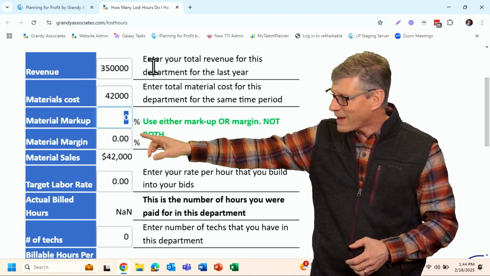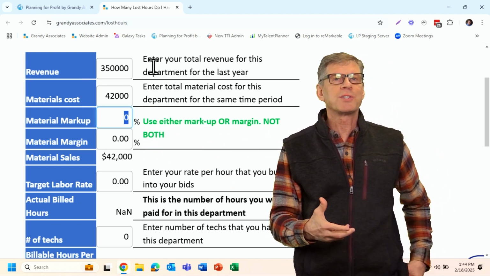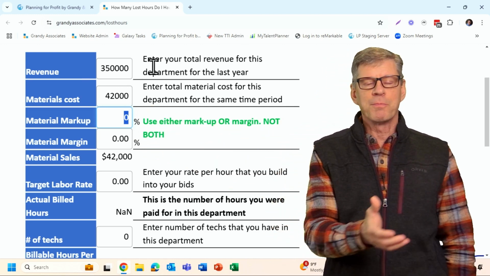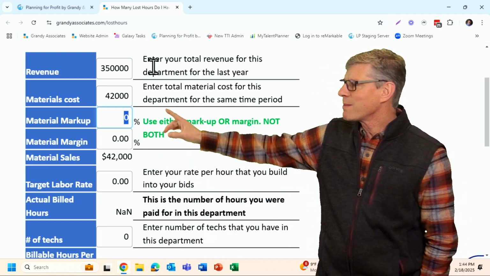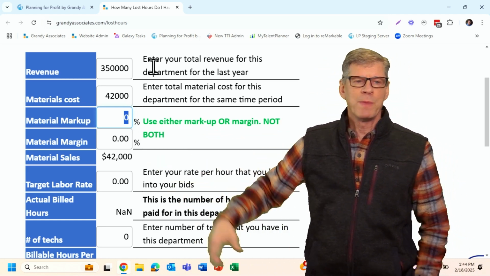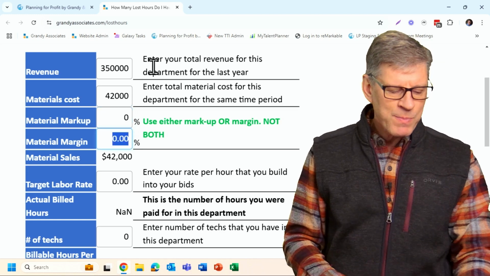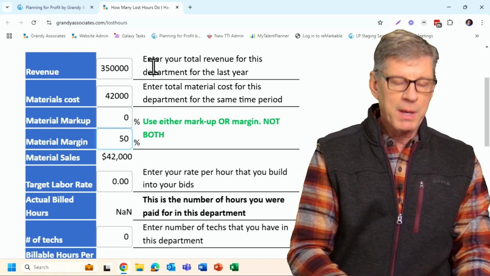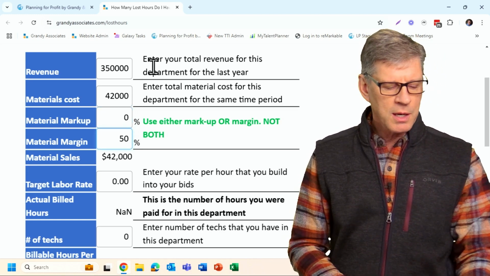If you use a divisor, like cost divided by 0.5 or 0.6, then that's a material margin. In my particular case, I'm using a 50% margin, so I'm basically doubling the price of my parts.